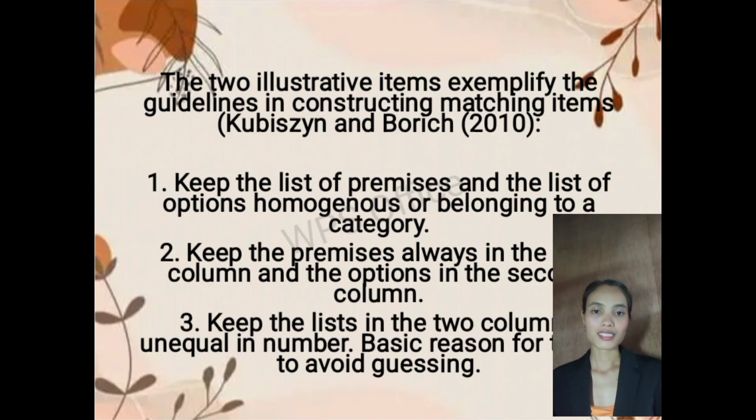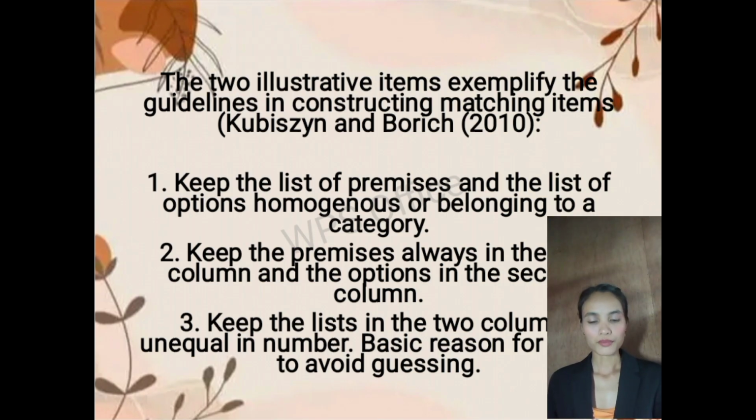This is an illustrative, simplified guide for constructing matching item type by Kubiszyn and Borich 2010. First is to keep the list of premises and the list of options homogeneous, or belonging to the same category. Second is keep the premises always in the first column and the options in the second column.